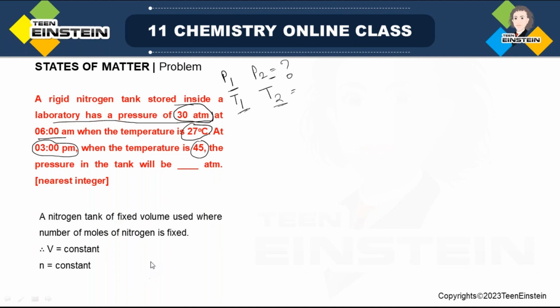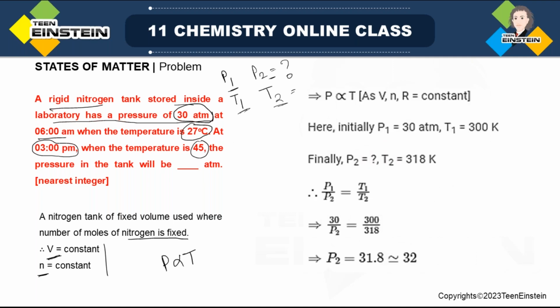Here it is mentioned that it is a rigid nitrogen tank, which means obviously the volume is fixed, and the number of moles of nitrogen is also fixed. So when the number of moles and volume are fixed, that is mass and volume fixed, then only we can apply this relationship. Pressure is directly related to T. So that is why P1 by T1 equals P2 by T2.